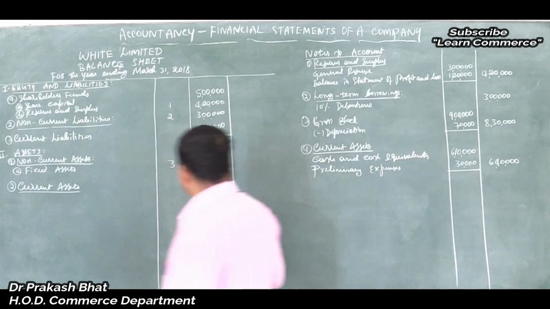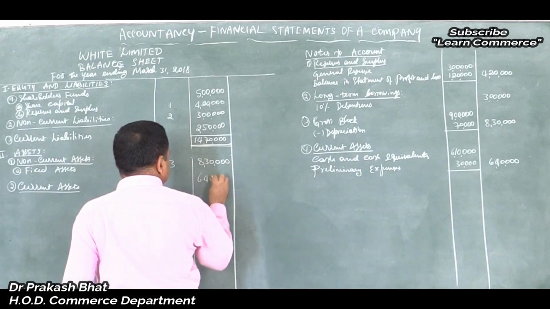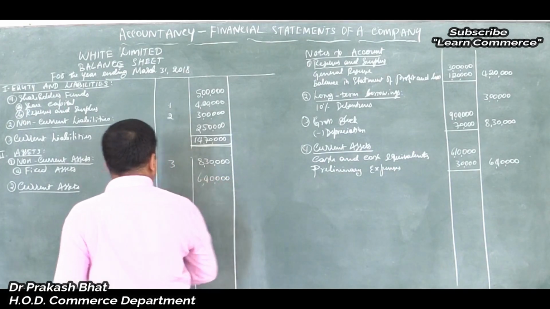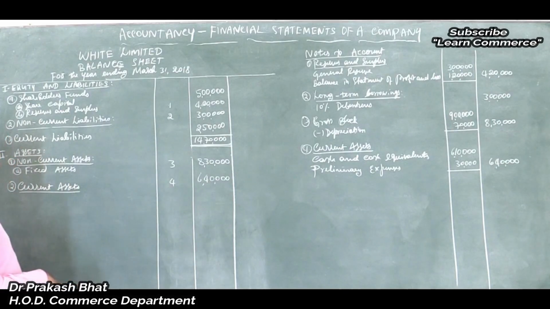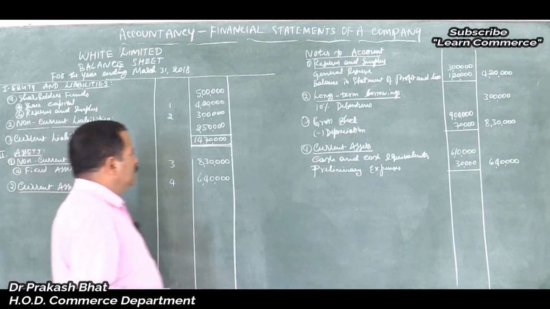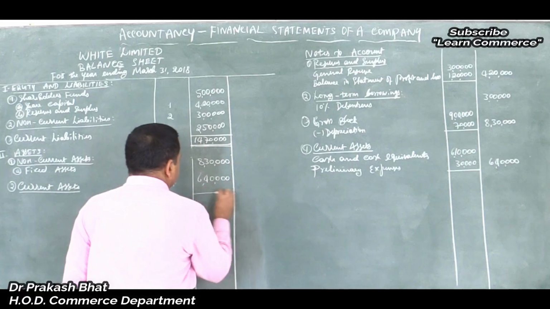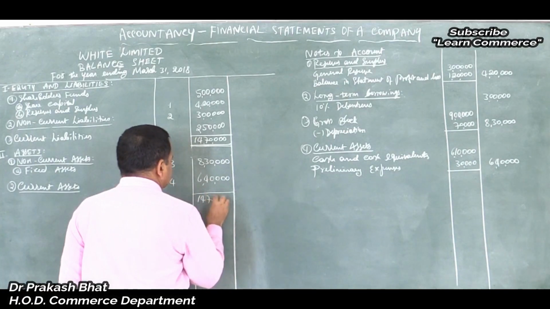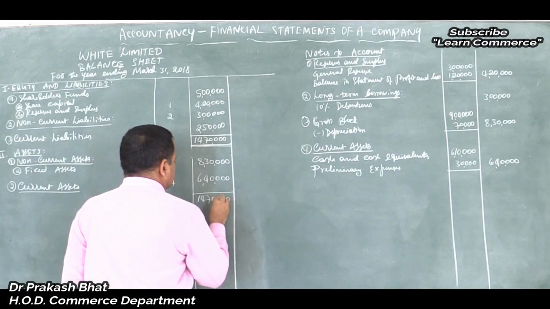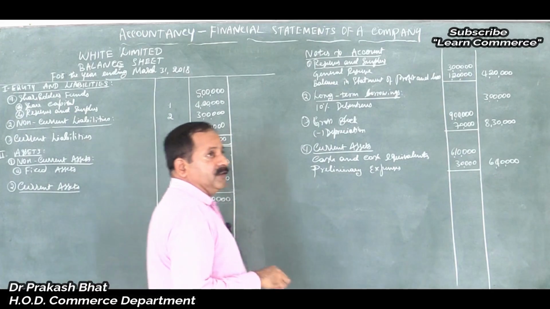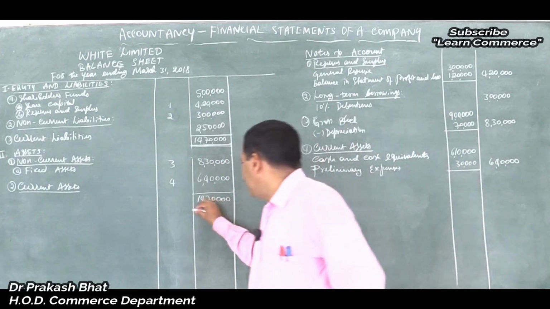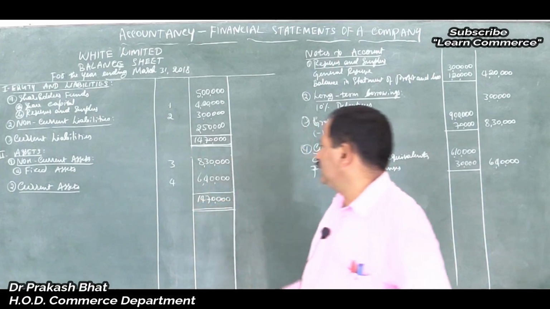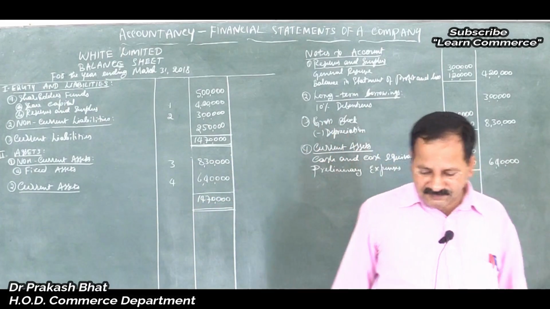Yes, right here 6,40,000. Note number 4. So total is 14,70,000. That's all, it's done.